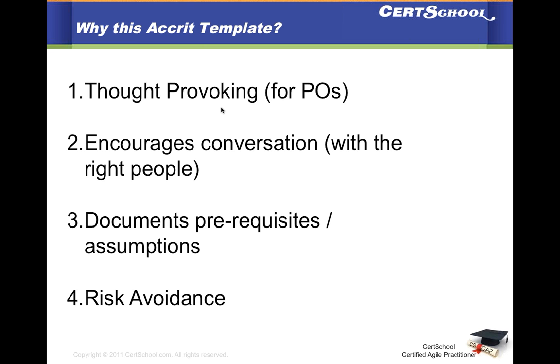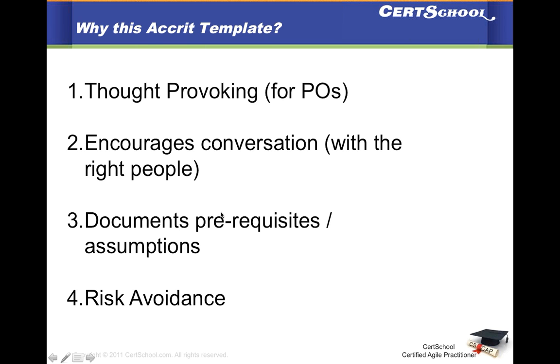You want to get the information from the source, people who are going to use it, the actual customer who wants the value in the product. The third advantage of using this template is that it is documenting the prerequisites and the assumptions.